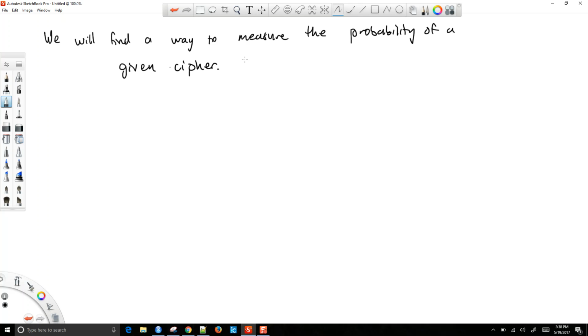Okay, a cipher being, we'll define a cipher as a matchup between the letters A through Z to another permutation of the letters. Okay, so a cipher will basically be a solution key.